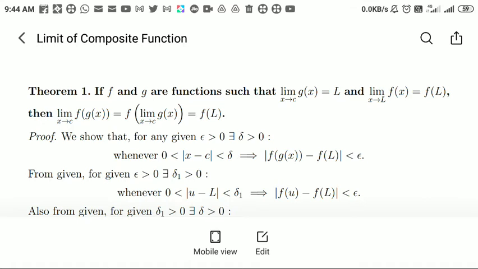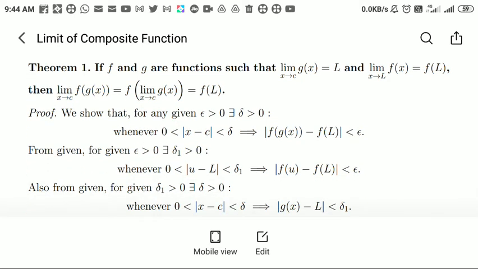We show that for any given epsilon greater than 0, there exists a delta greater than 0 such that whenever 0 < |x − c| < delta, this must imply |f(g(x)) − f(L)| < epsilon.